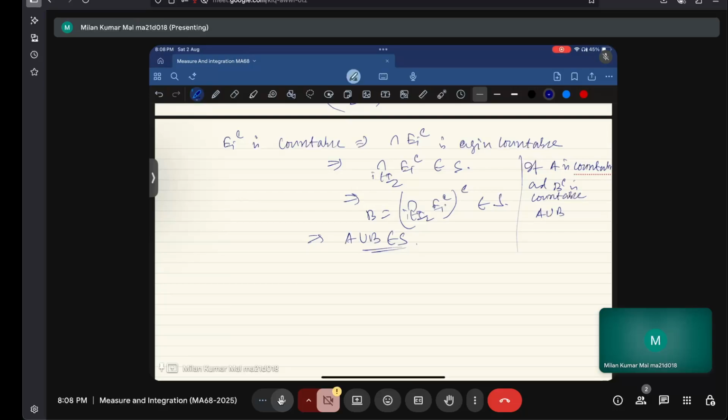So A union B can be written as, so two sets are there, their union is also there. I think this is very trivial, that I have no time.